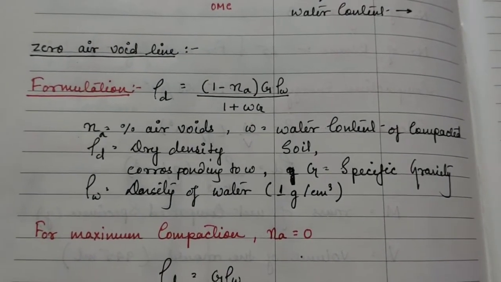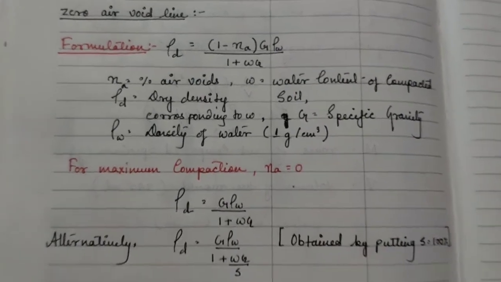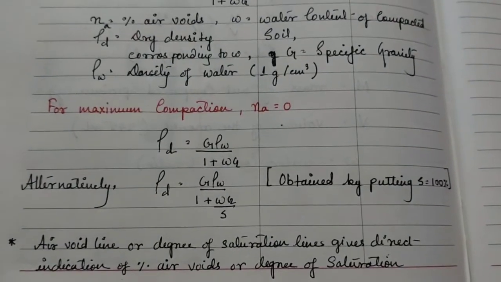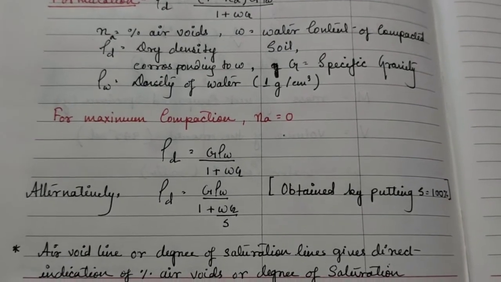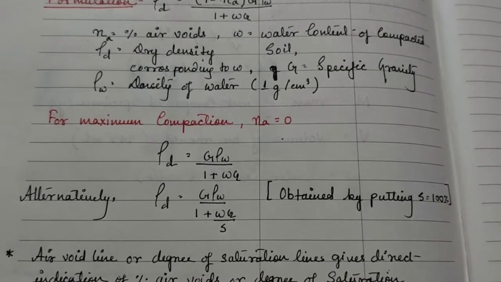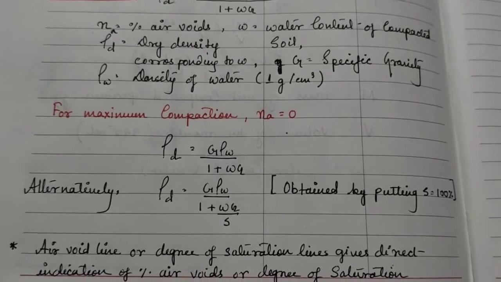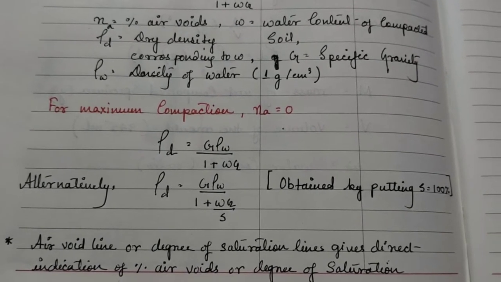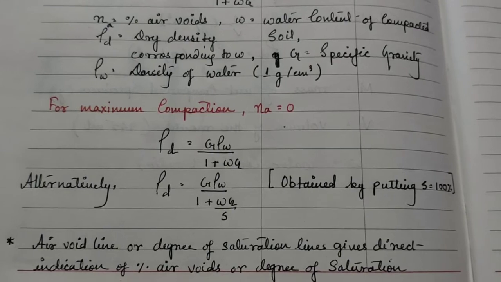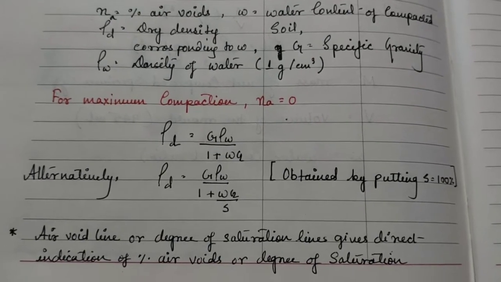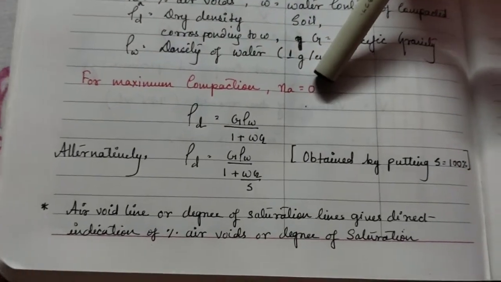The theoretical maximum compaction for any given water content corresponds to the zero air void condition, as we know that maximum compaction can be achieved when all the air present in the voids of the soil is eliminated. For this reason we consider na as 0.